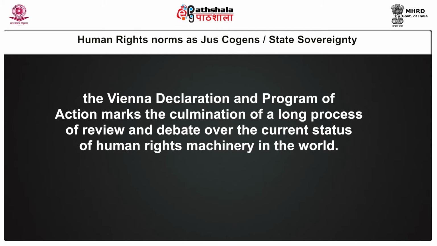Now, the Vienna Declaration and Programme of Action marks the culmination of a long process of review and debate over the current status of human rights machinery in the world.